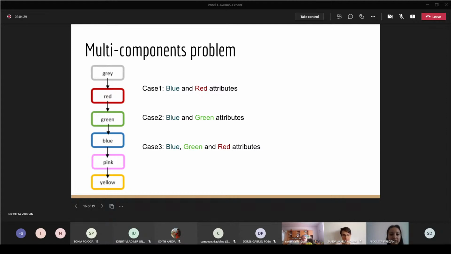So, as a result, the questions from case 1 and case 3 will be located among the questions from the component red, while the questions belonging to case 2 will be assigned to the questions from the component green. When I say assigned, I mean that they will show in the test during this section of components.